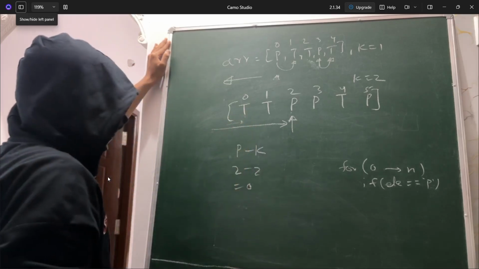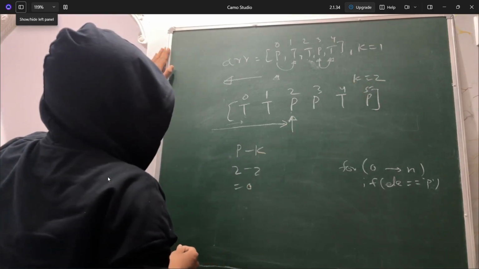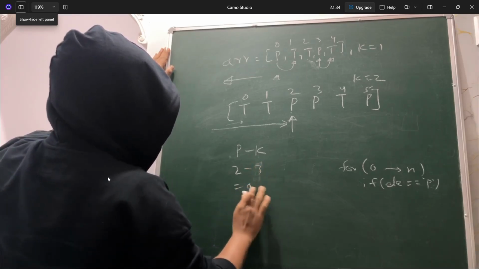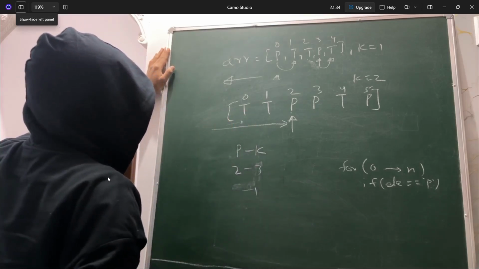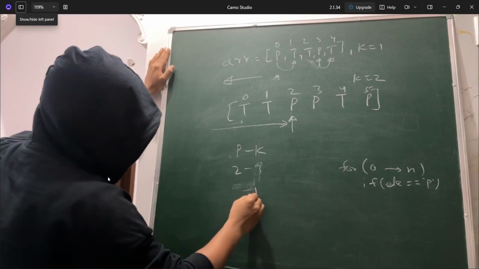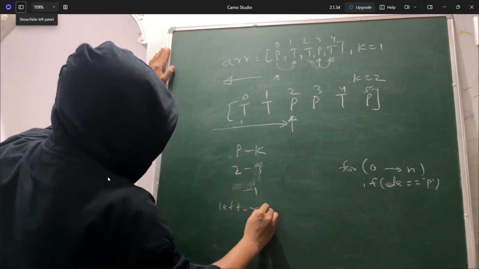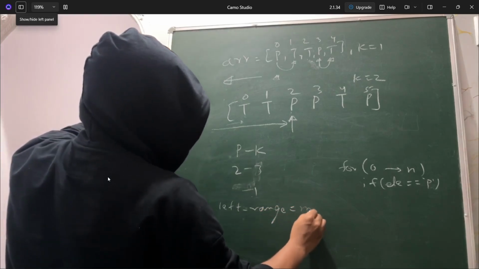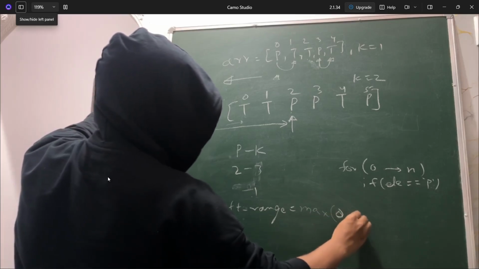Let's say if k value was 3, then it would have been 2 minus 3, which is minus 1, which is beyond the integer range. To handle this minus 1, our left range will be the max of 0 and p minus k.